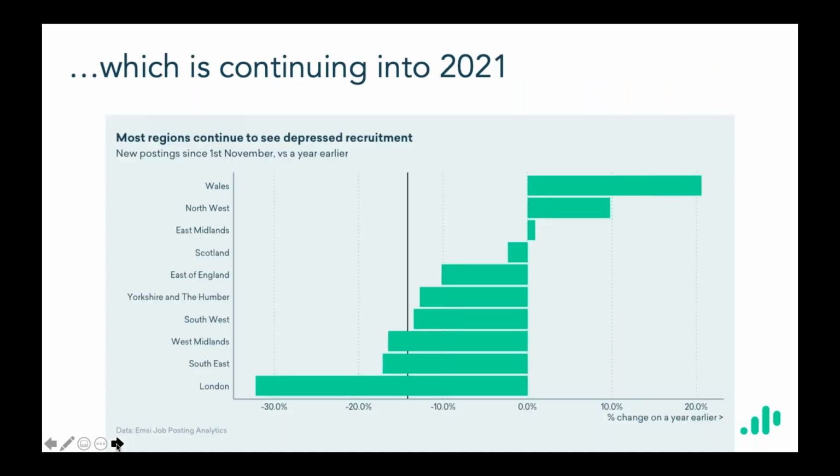restrictions were lifted. But unfortunately, as we see on this slide, the reintroduction of restrictions has brought ongoing issues to the majority of regions and devolved nations. And we've seen another downturn in employer demand from November through to now.